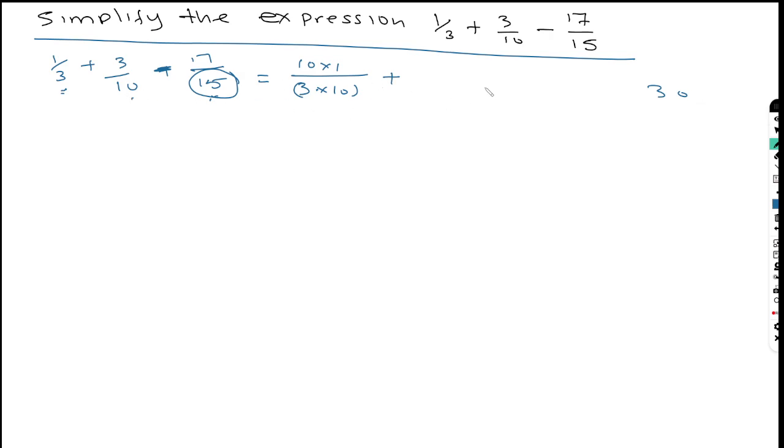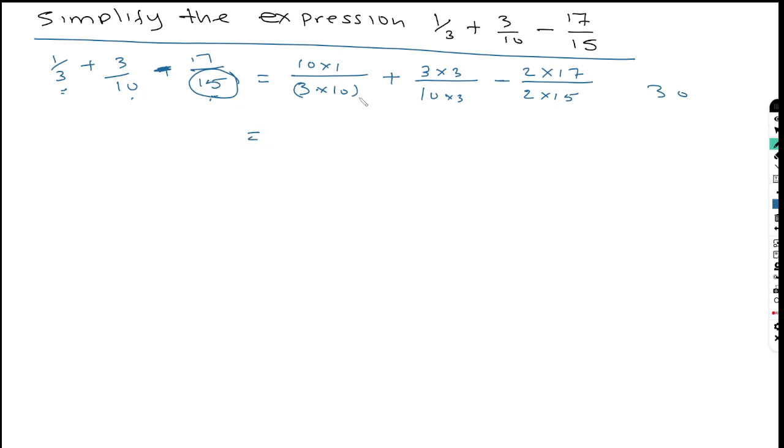So 30 divided by 10 is 3. So you say 3 times 3 to make it 30. Minus 30 divided by 15 is 2, so it is 2 times 17.